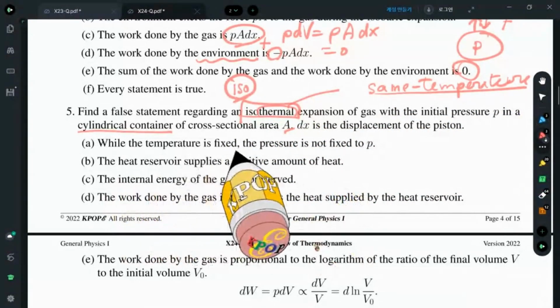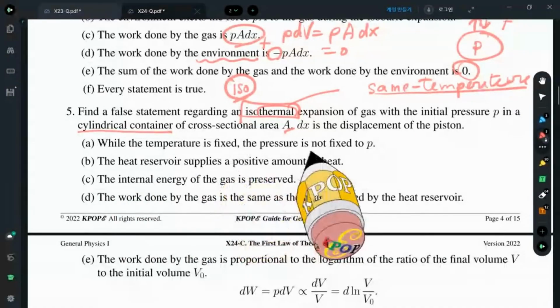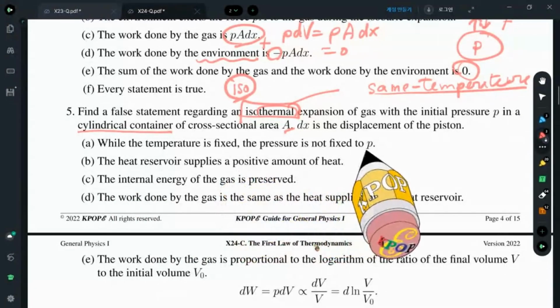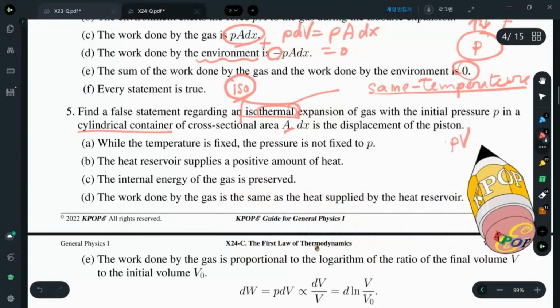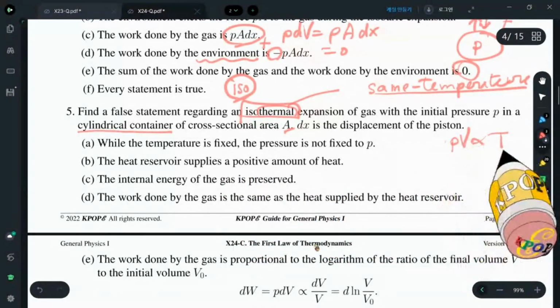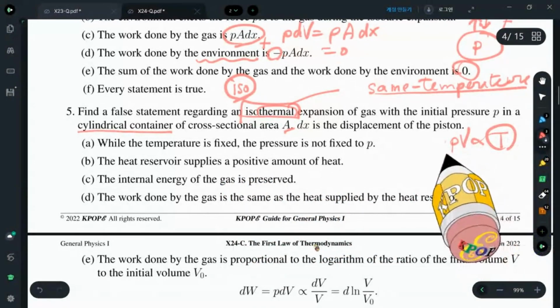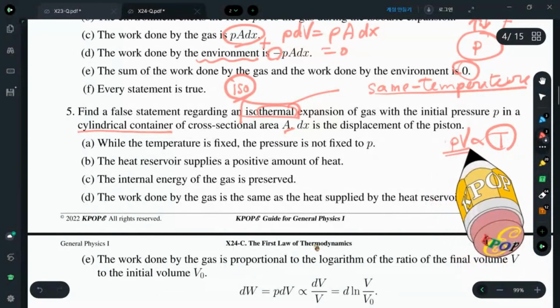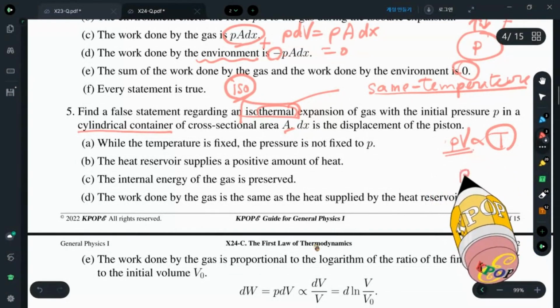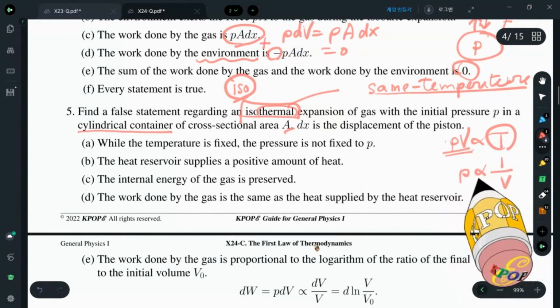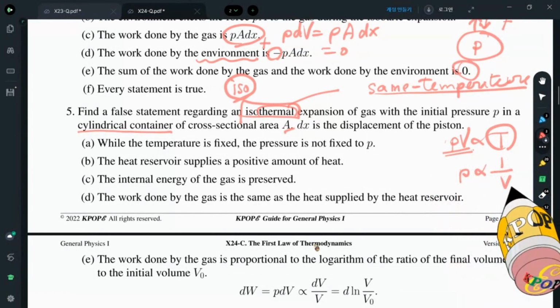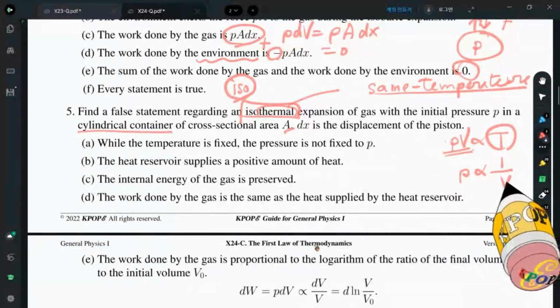While the temperature is fixed, the pressure is not fixed to P. And actually, you will find that PV is proportional to temperature. If the temperature is fixed, the product of pressure and volume is constant. So actually pressure is inversely proportional to the volume.